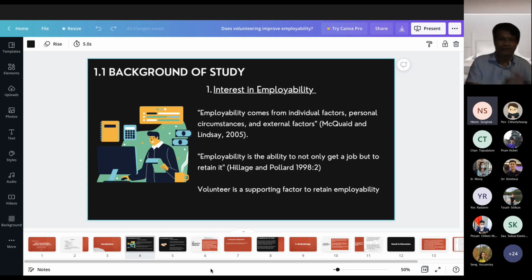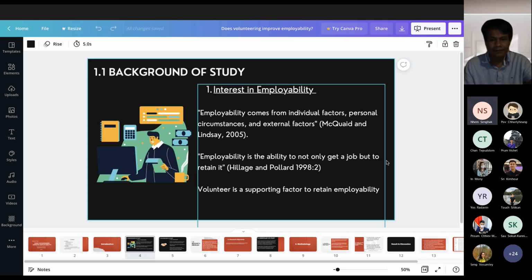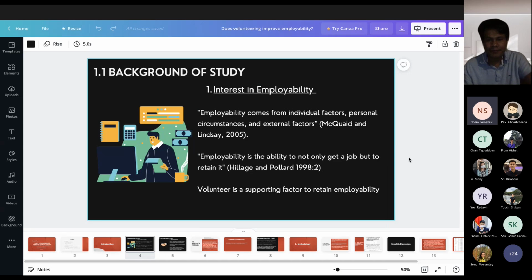So here, in the introduction part, we go to the background of the study. In the background of this research paper, we focus on two main points. The first one is the interest in employability and the volunteering fit.